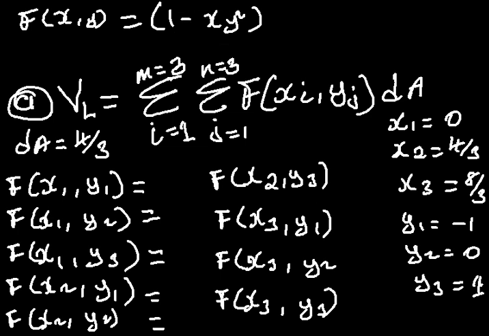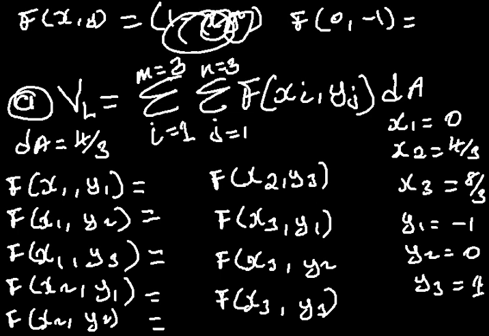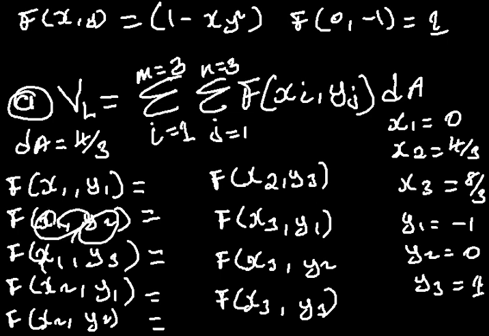So for instance, for x1, y1, what is x1? That is given as 0, and my y1 is given as -1. So we have to substitute for x here and for y here. Then you evaluate that one. So what do you think could be that one? So x is 0, it means the whole of this one will be given as 1. That is f of 0, -1. And also do the same with this pair and also this pair, and you finish them all.